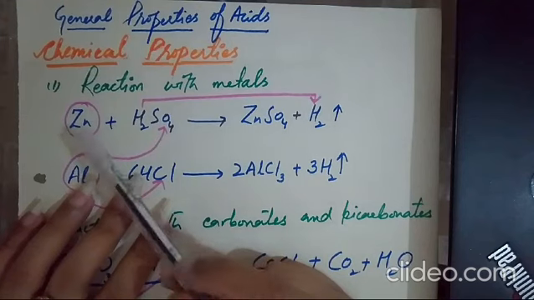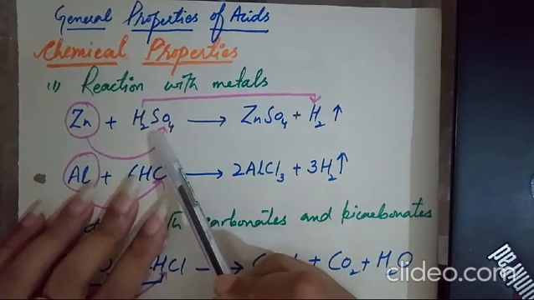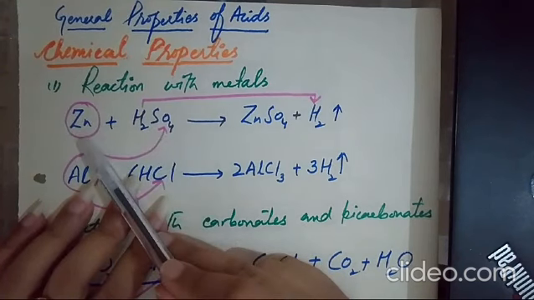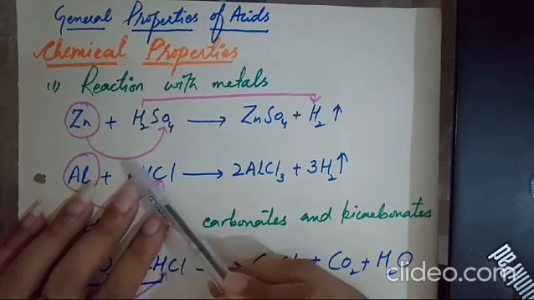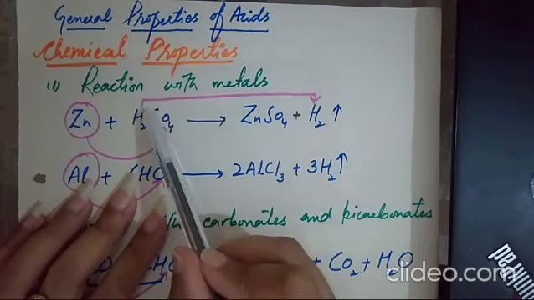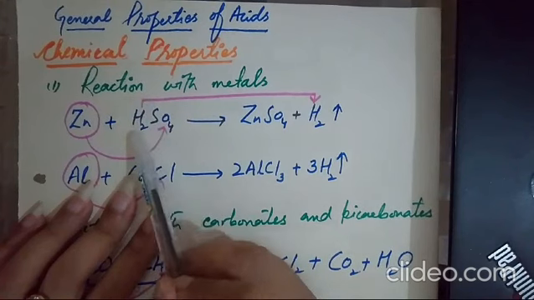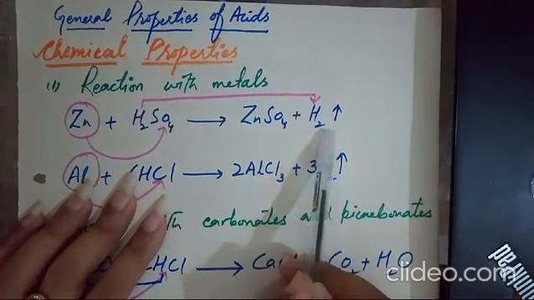Zinc is a metal. Zinc is one reactant, sulfuric acid is another reactant. The zinc goes towards the SO4 and forms ZnSO4, and the H2 which is left behind is released in the form of hydrogen gas.